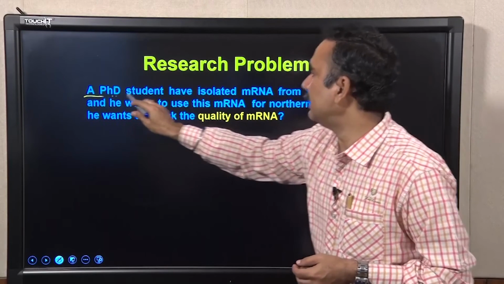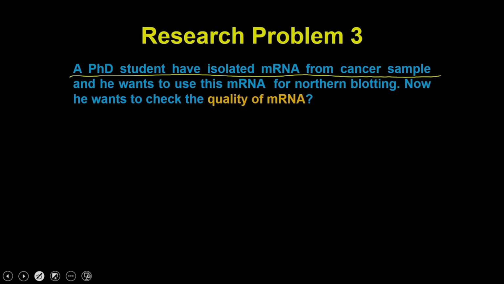So, the next problem is that a PhD student has isolated messenger RNA from a cancer sample, and he wants to use this messenger RNA for northern blotting. Now, he wants to check the quality of the messenger RNA.